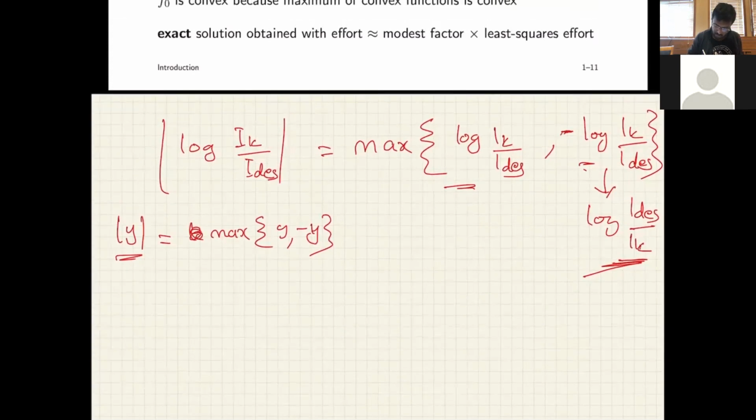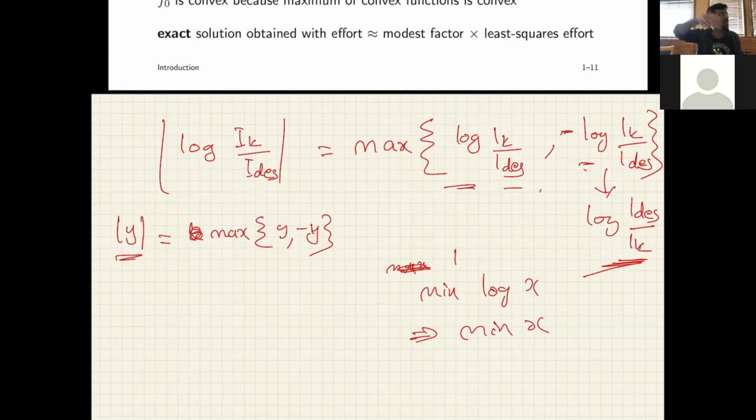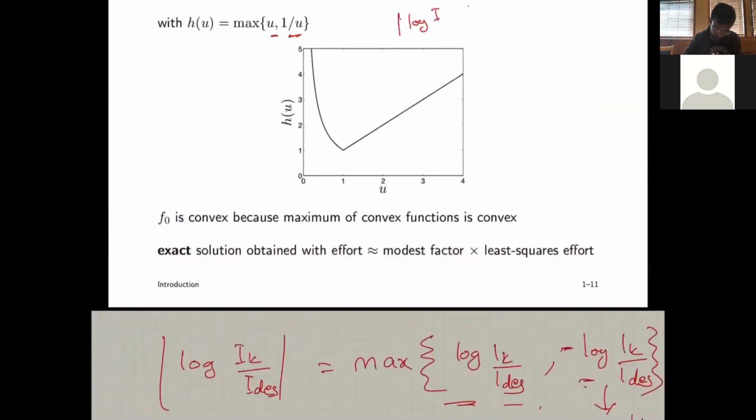Also, for example, if you are maximizing or minimizing log of x, this is equivalent to minimizing x. You can just skip the log once you get something like this, because log is an increasing function. If x is increasing, log is increasing, or at least a non-decreasing function.